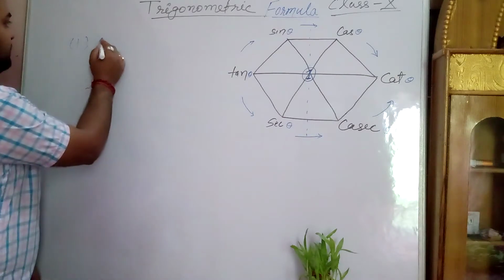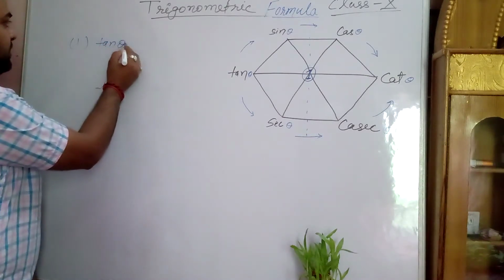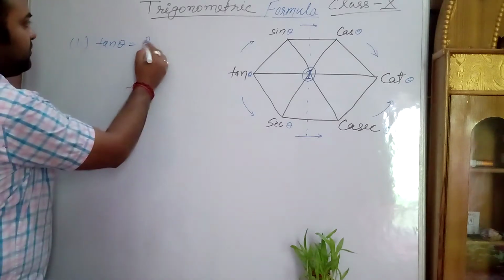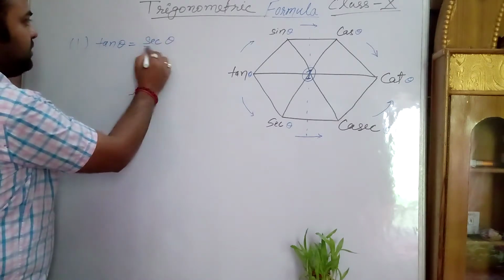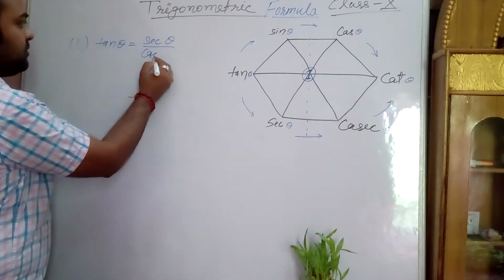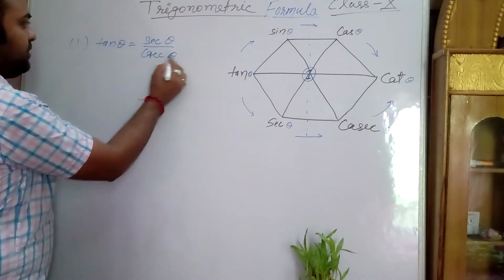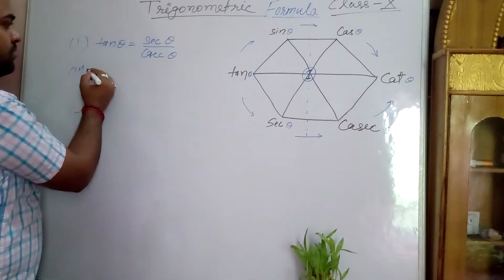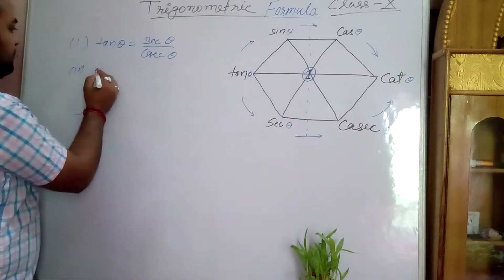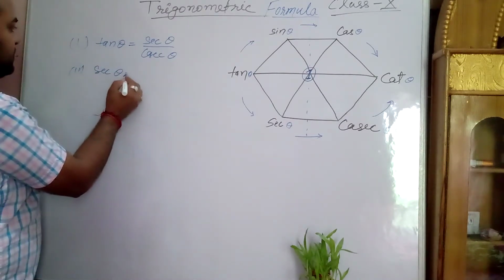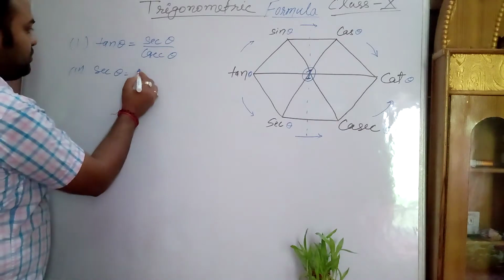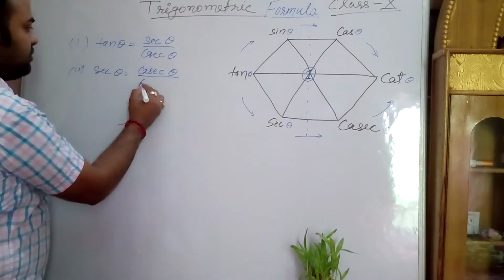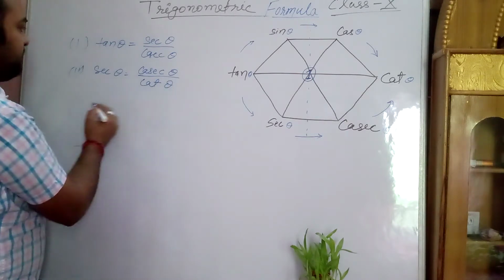Starting from here, first, tan theta is equal to sec theta by cosec theta. Second, sec theta is equal to cosec theta by cot theta.